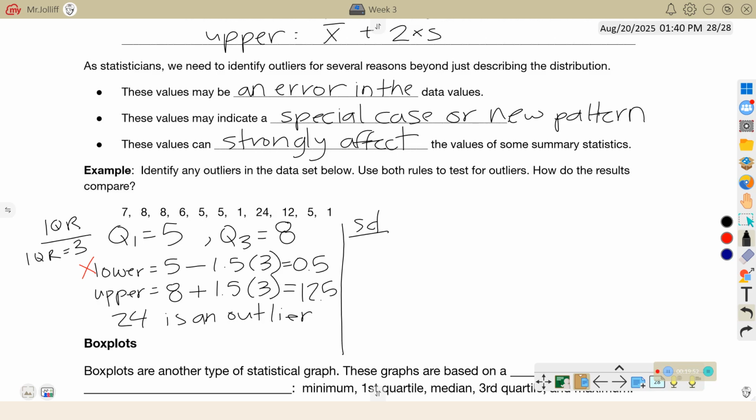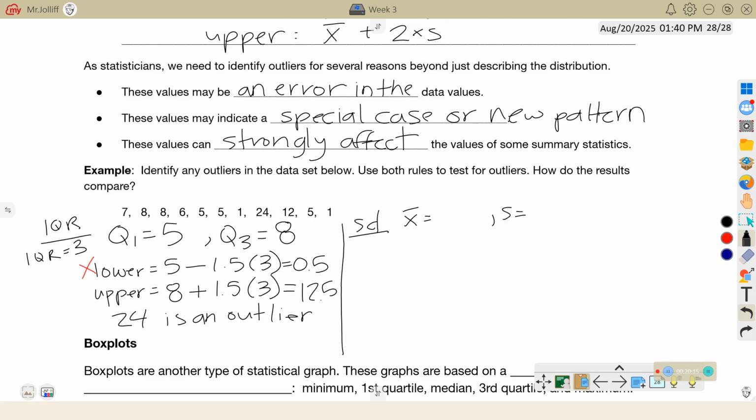For the standard deviation test, Chris, what two values do I need to run the standard deviation check? Close. I do need the mean. What am I adding and subtracting from the mean? Standard deviation, which is why it's a standard deviation test. Good.